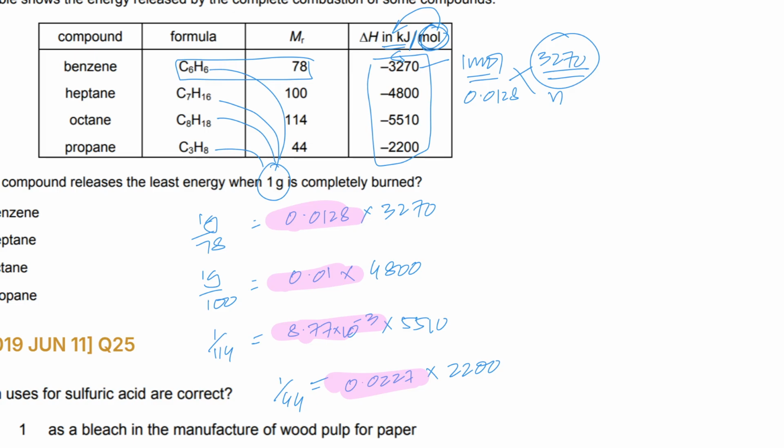0.0128 multiplied, I'm just rounding it off to quickly get this over with. So that's 41.9 kilojoules given out. 0.01 multiplied by 4800, 48 kilojoules is given out. 8.77 times 10 to the power minus 3 multiplied by 5510, 48 kilojoules is given out. 0.0227 multiplied by 2200, that gives me 49.9 kilojoules.